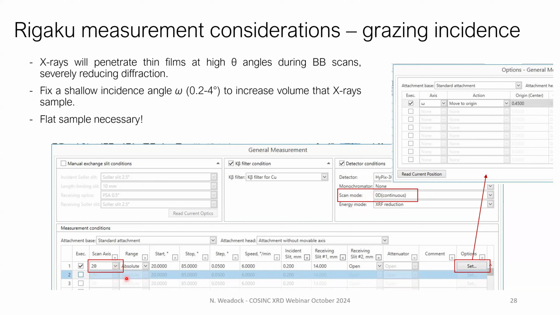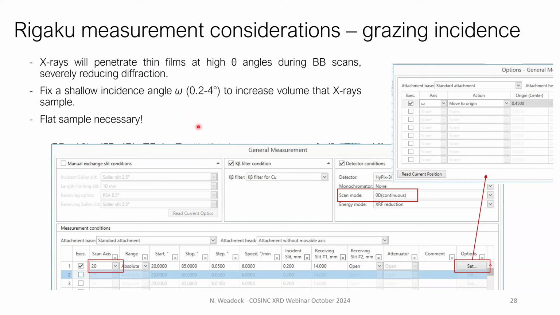You're only going to be scanning the 2 theta axis, so this should be selected by default. And then you're going to pick your incidence angle, generally between 0.2 to 4 degrees. There's an optimization between peak breadth and penetration, going from narrower peak breadths at 4 degrees, but higher penetration, down to the opposite.